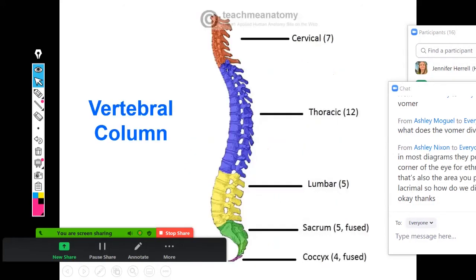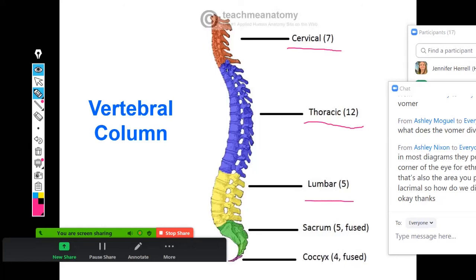All right, so let's take a look at that. So here's your vertebral column. You have 7 cervicals. Cervical's neck, remember your body regions. You have 12 thoracic, make up your thorax. Your ribs are going to attach to these guys. 5 lumbars. And then you have 5 vertebrae that are fused together.